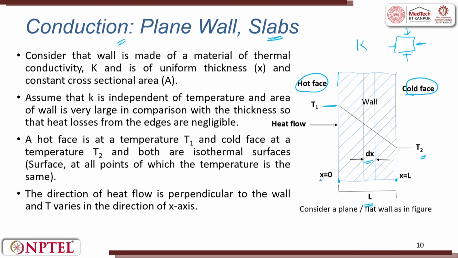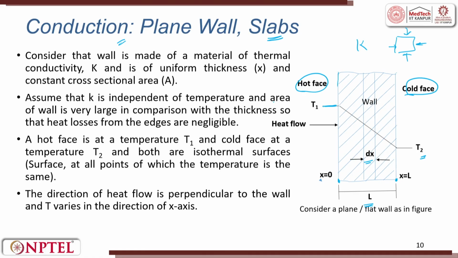It has a uniform thickness x and a cross-sectional area A. Assume that K is independent of temperature, and that the wall area is very large in comparison with the thickness. We are taking a large-area board with low thickness. Assume you have a paper, with large area and very low thickness. That is what we say.